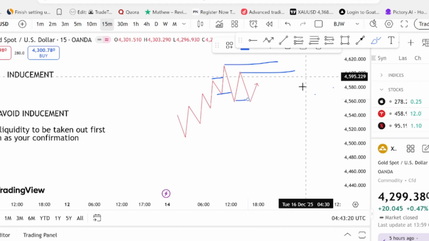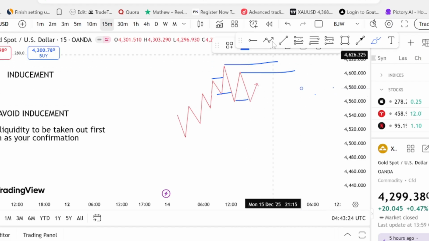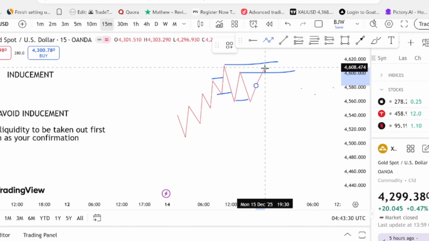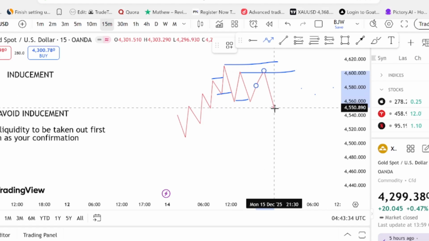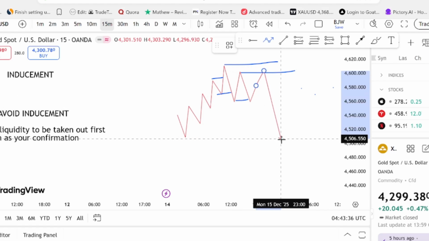Now what you'll be expecting is, whenever price now takes out this one right now, whenever price now comes into this zone, then you continue the trend and either take all this out right here.